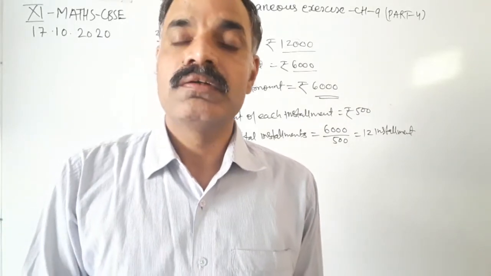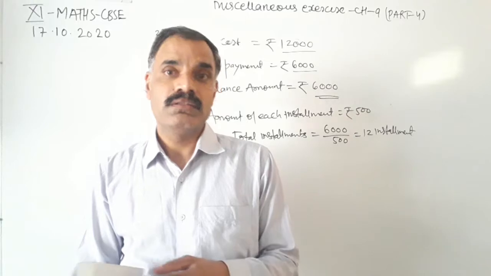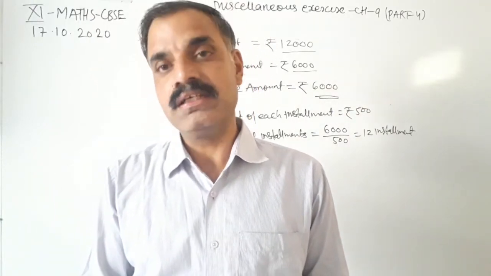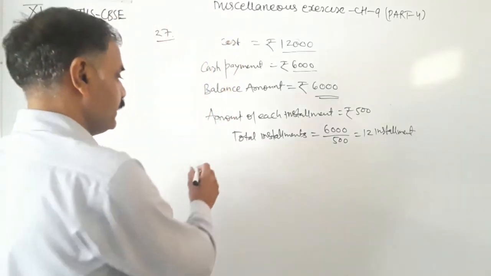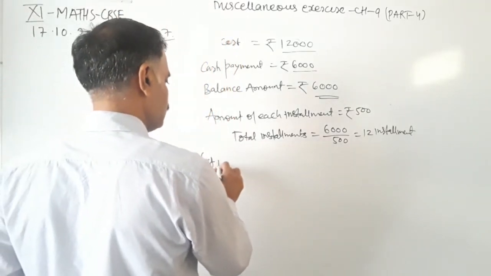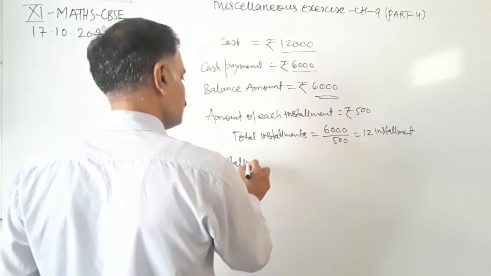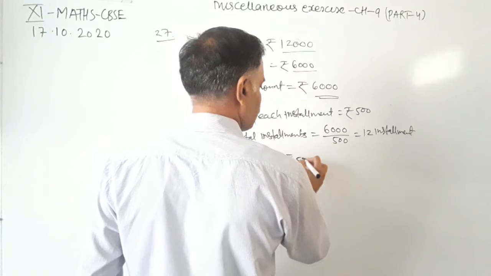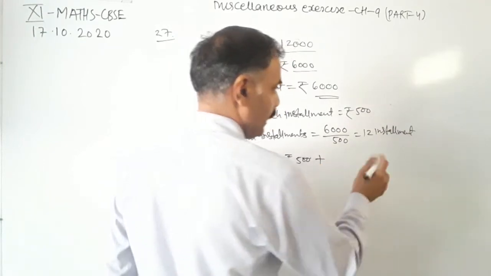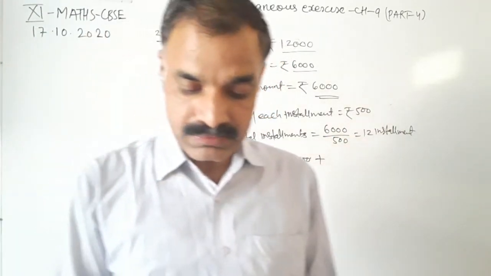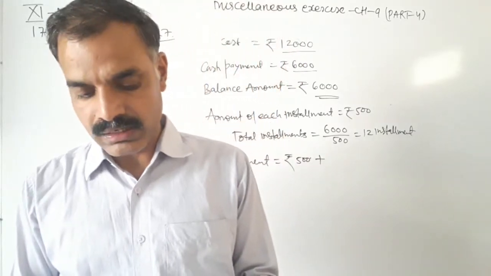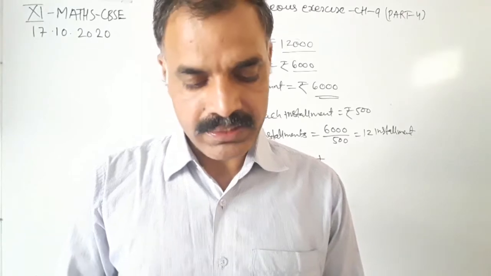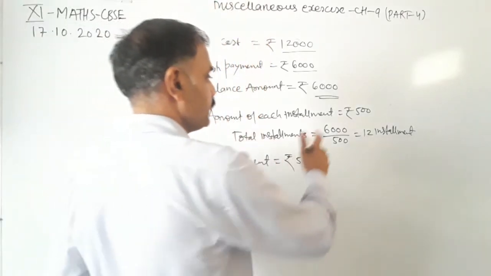Each installment is rupees 500 plus 12% interest. So the first installment equals rupees 500 plus 12% interest on the unpaid amount. The unpaid amount is rupees 6,000.